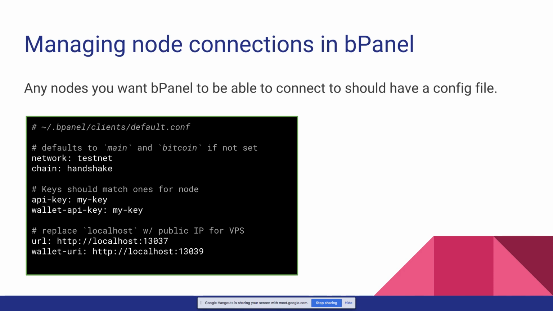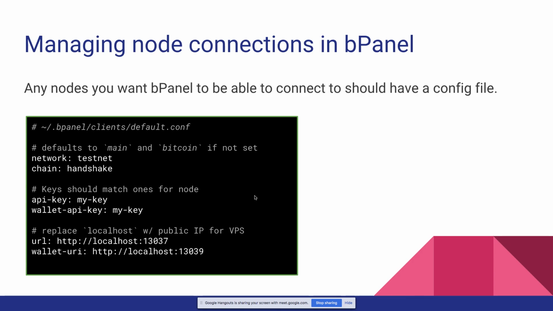There are a couple of pieces of information needed to make that connection, because internally it loads up client tools that JJ has built, which are specific to the networks and have helper methods that let you do all the things you could want to do against these nodes. Depending on the network, it will either load the HS client or the bcoin clients, and based on that, it can make the request to the right node.